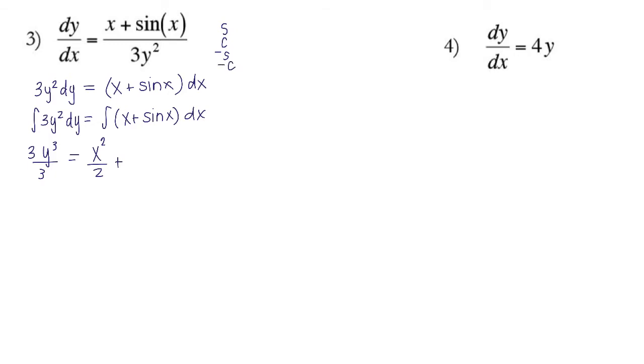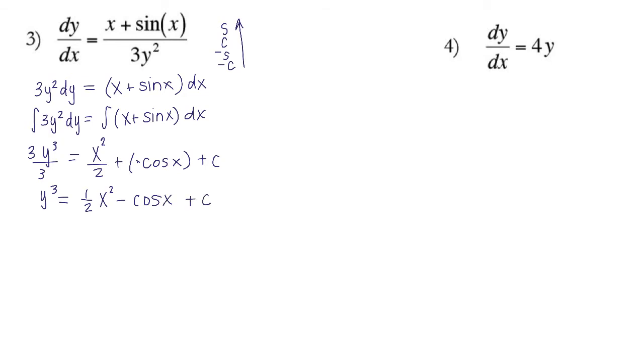If we integrate sine, we're moving up this chain. So we're going to get a negative cosine x, and then plus c. And let's see what we can do here in our simplifying. We're going to have y cubed equals 1/2 x squared minus cosine x, and then plus c.